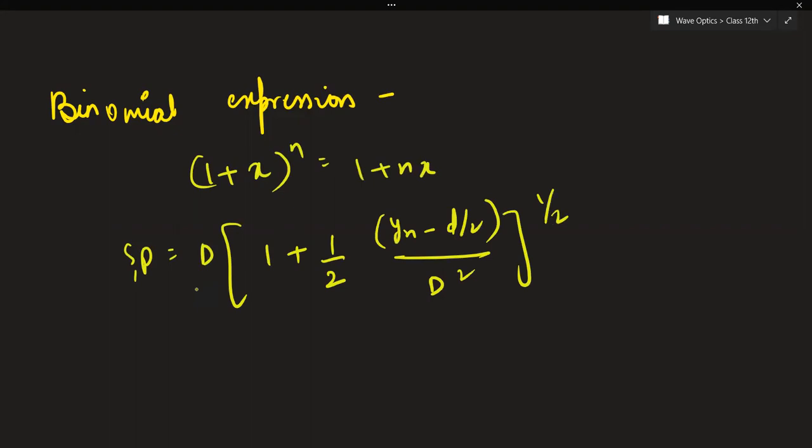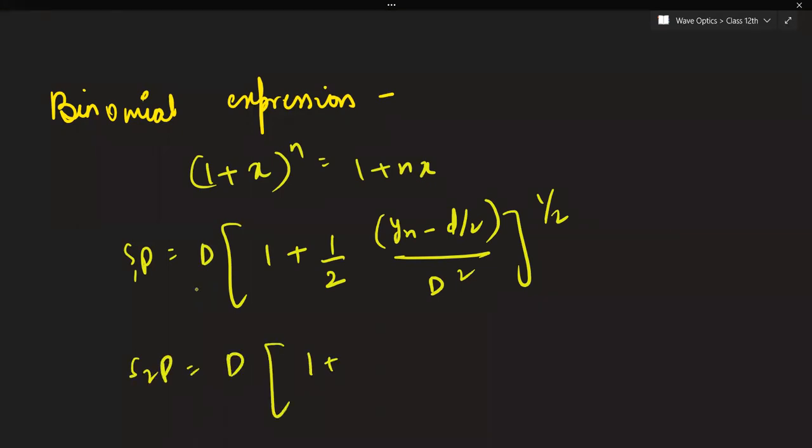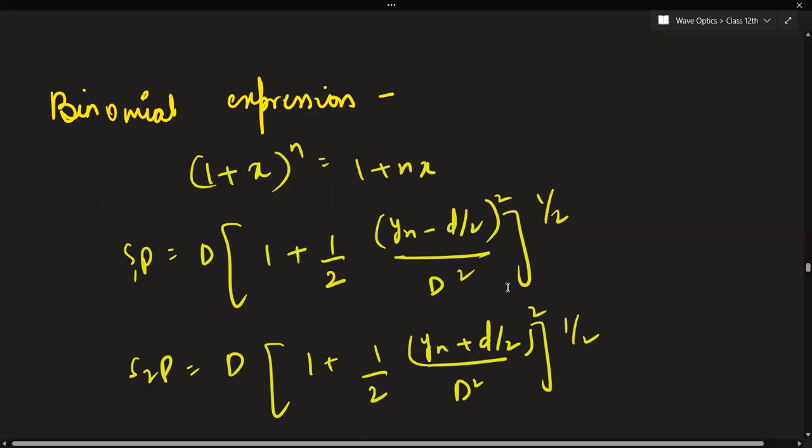Similarly, you will perform the same thing for S2P. Same steps, D times 1 plus half, but you will get yn plus d by 2 whole square, because the larger one PM was yn plus d by 2. Now we'll put in the values.